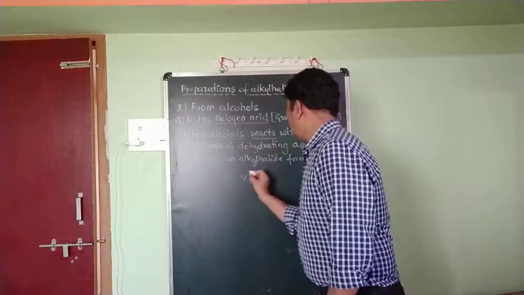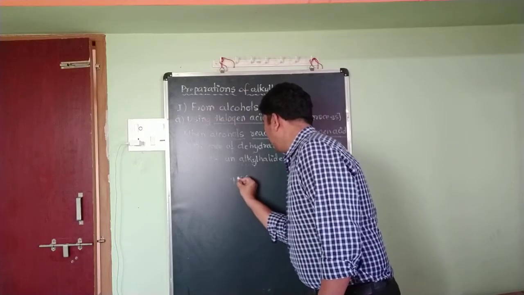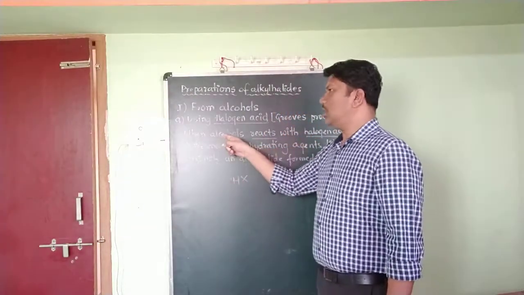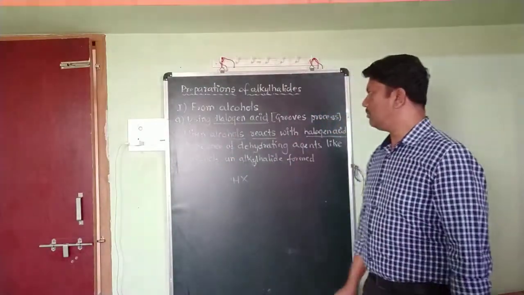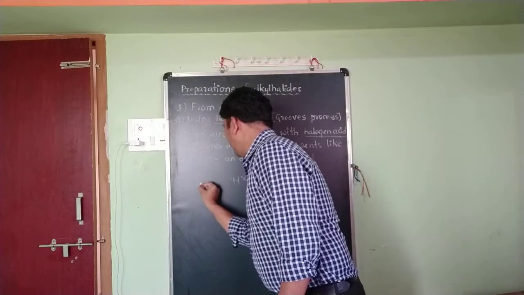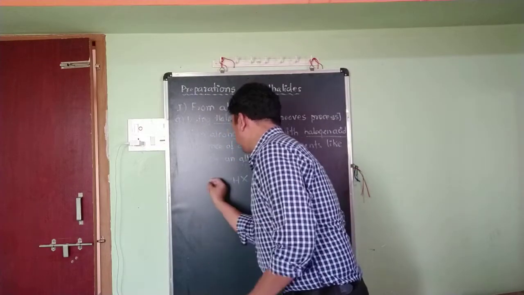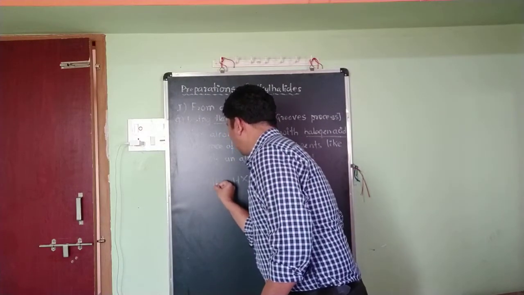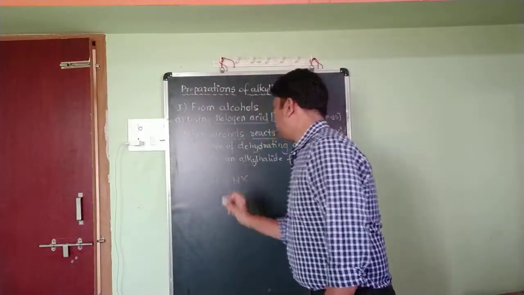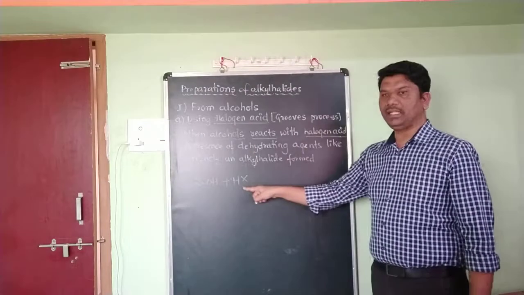Therefore, halogen acid is represented by HX. Therefore, I'll write here ROH, alcohol.